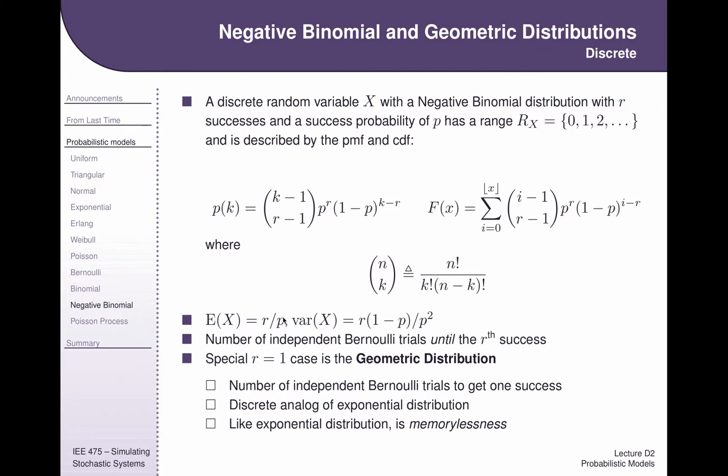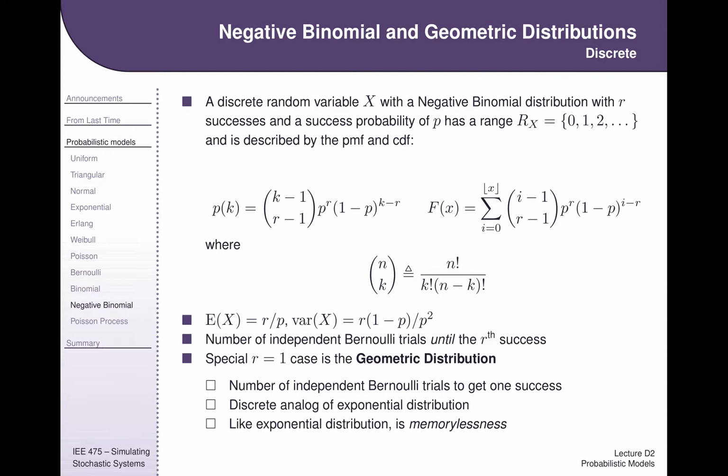Now, if I actually want r equal to 1, so how many times until I get a single head in my coin flips, then that is the kind of discrete time version of an exponential.